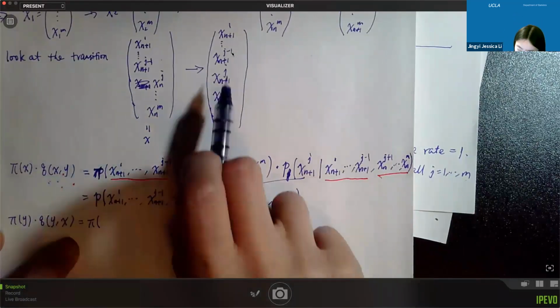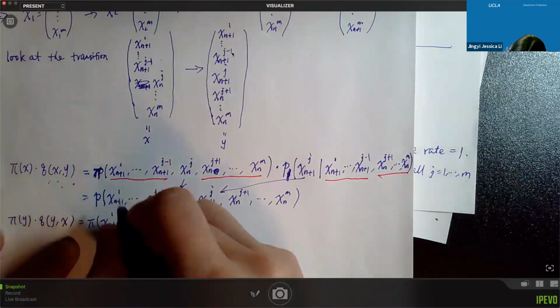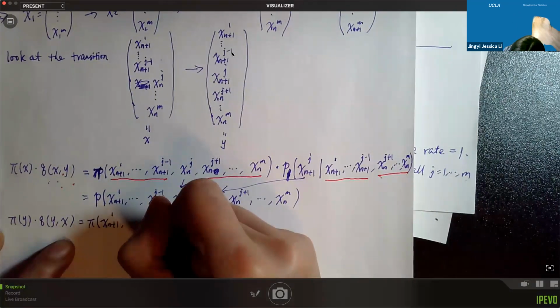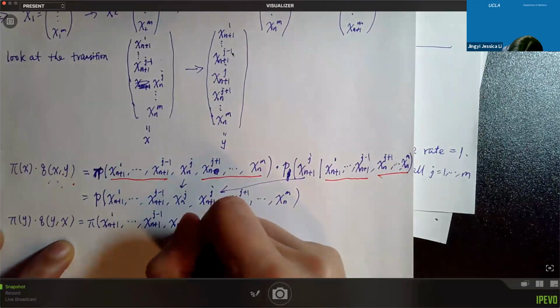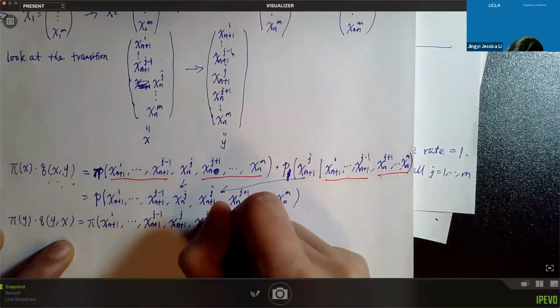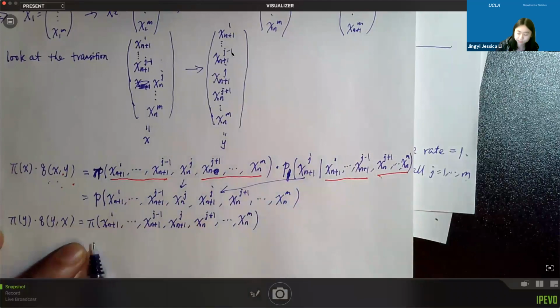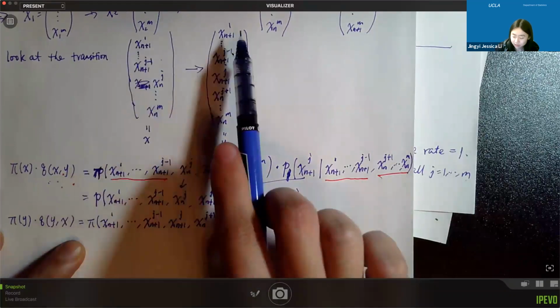Look at the definition of y: x_{n+1,1} to x_{n+1,j-1}, the new value x_{n+1,j}, and x_{n,j+1} to x_{n,m}. Okay, that's pi(y).